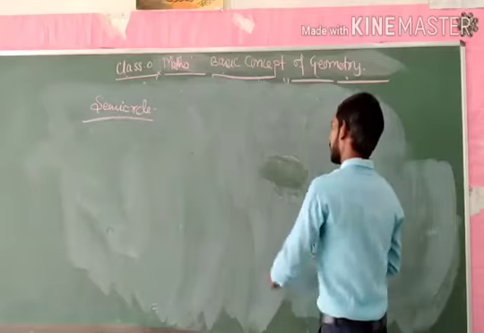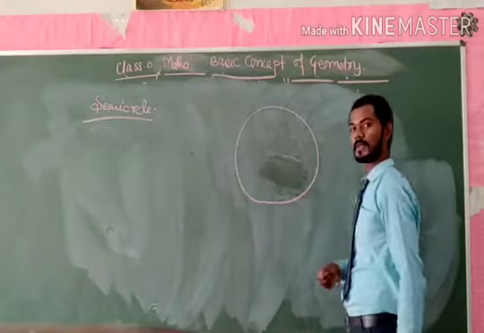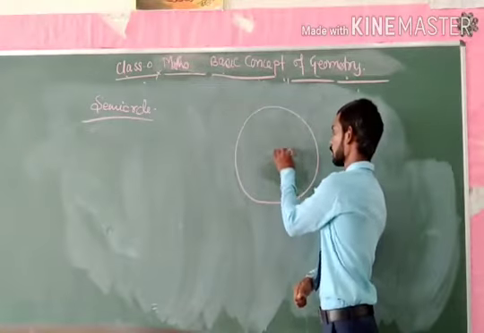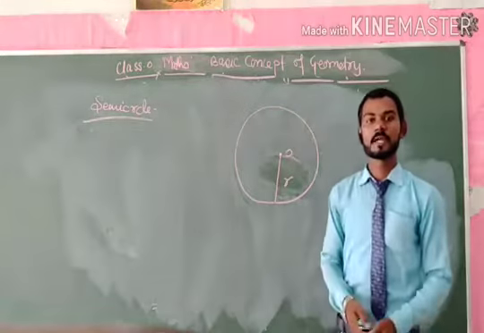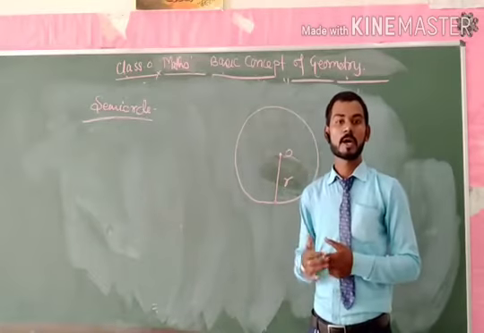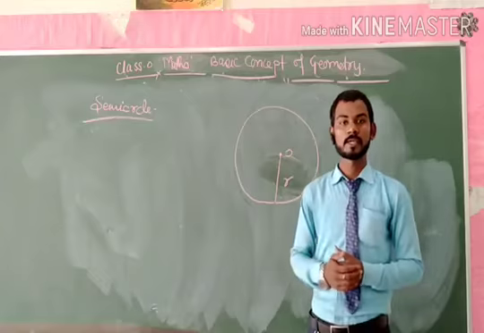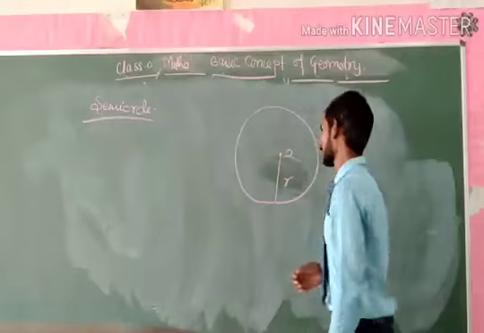As we know, this is a circle with center O and radius R. And we also know that the largest chord, or diameter, a line segment which passes through its center, divides the circle into two parts.